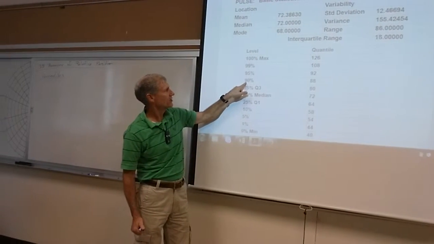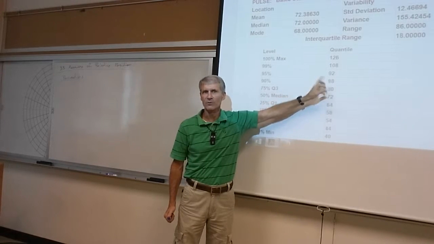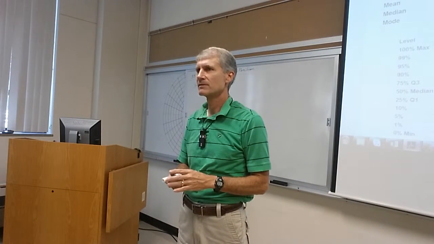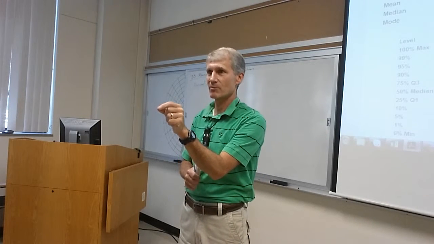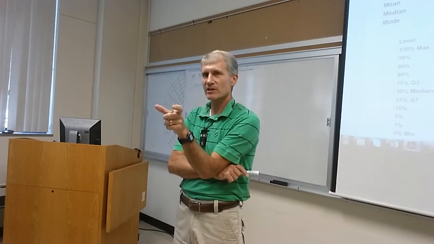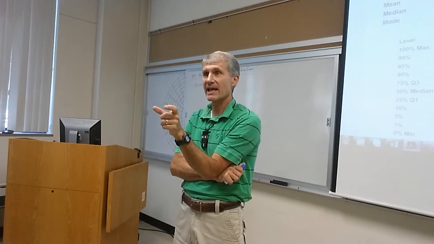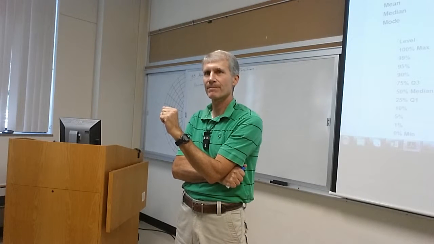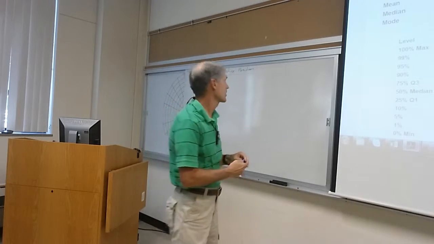The 90th percentile, the software tells me, is 88. So what does that mean? That 90% of this data has a pulse at or below 88. Got it? That's what we mean by percentile. Okay? So how do we find it? Well, let's start with an easy one.